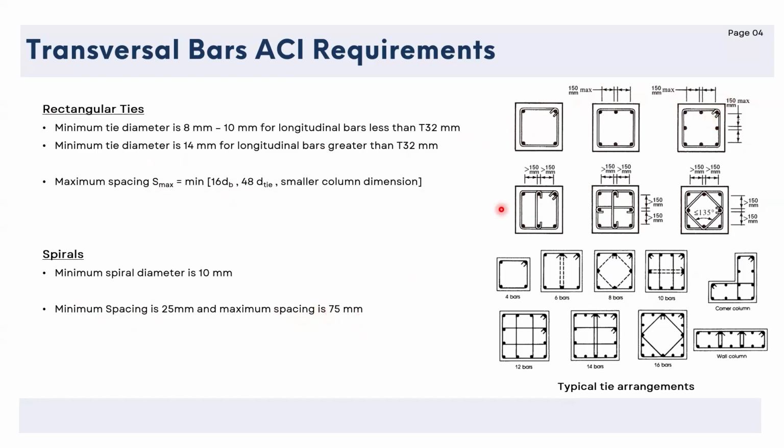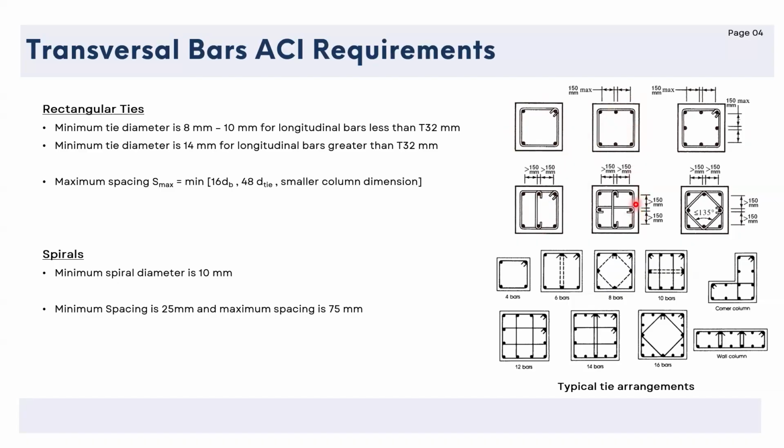And here we can see some typical arrangement of ties. So if we have these four bars, the tie should be around them. If we have one bar in the middle, we can either use a tie like this, or we can put one more hook in the middle, depends on the shear requirements of the column.